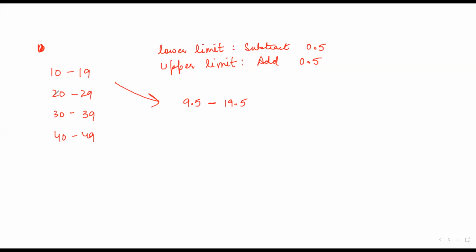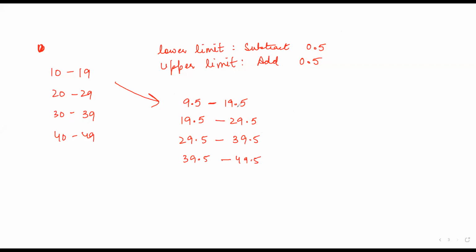Now subtract 0.5 from 20, it becomes 19.5, and adding to 29 it becomes 29.5. Then again subtract, it becomes 29.5, and it becomes 39.5. Then 40 becomes 39.5, and 49 becomes 49.5.